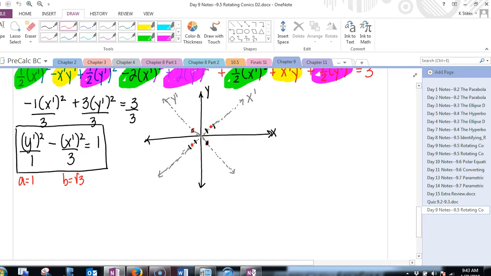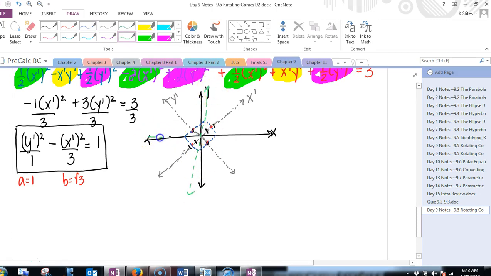Remember, this is a hyperbola, so you are not connecting those dots in an ellipse. You are making the rectangle. I know there's a lot going on. So there's your rectangle, and then we're going to do our asymptotes.